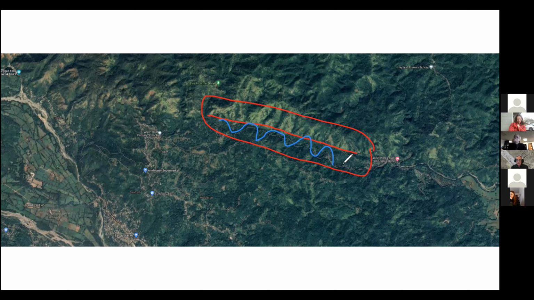And so these multiple processes can produce similar landforms. So we just have to keep our eye on something like that and be patient with your mapping to say, well, what is all the evidence that I have along here?